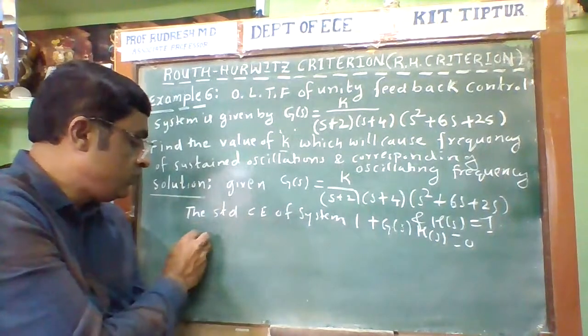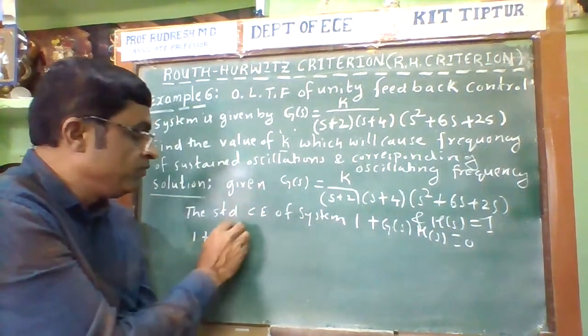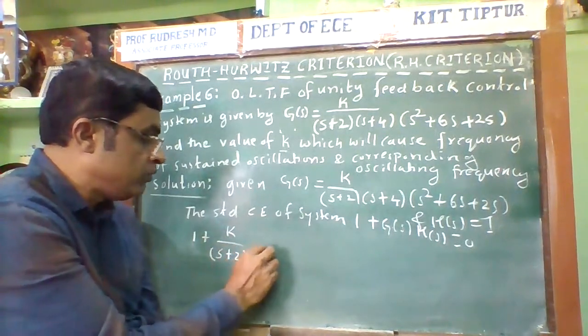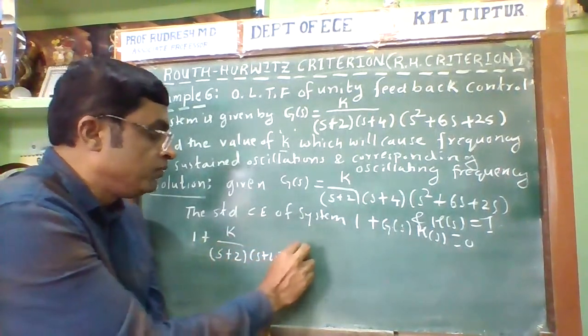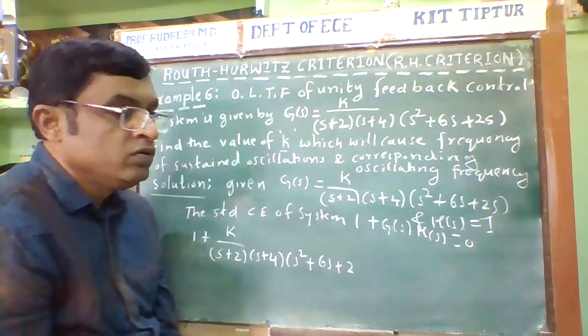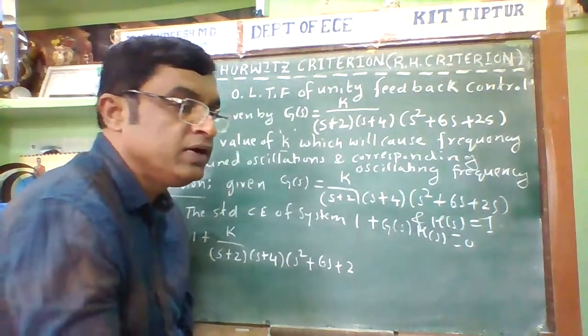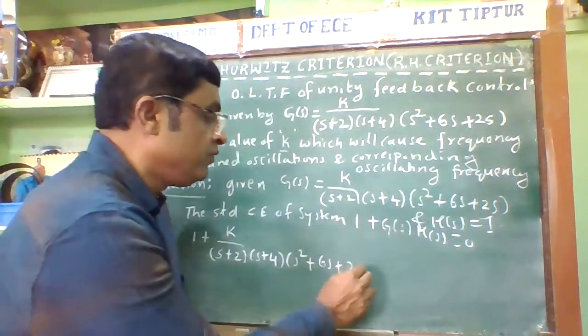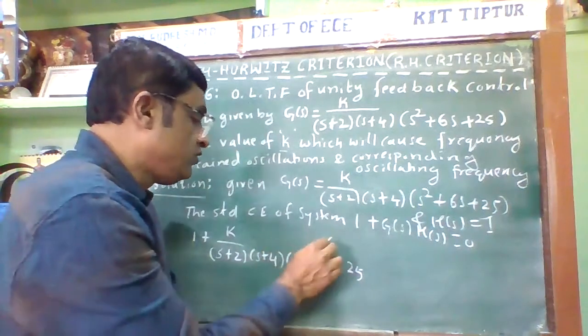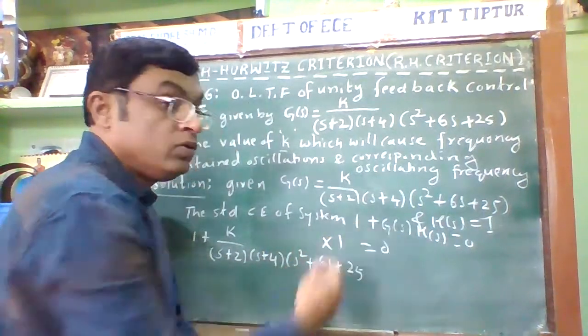Therefore, 1 plus G(S) value is K into (S plus 2) into (S plus 4) into (S square plus 6S plus 25) into H(S) value is 1, therefore equal to 0.